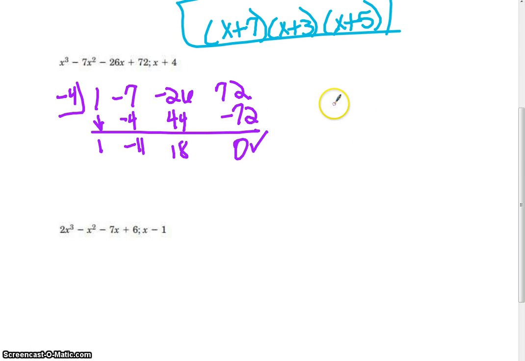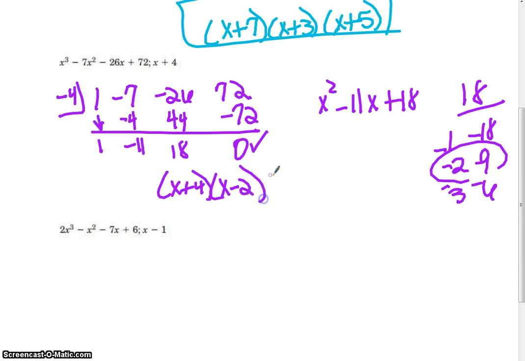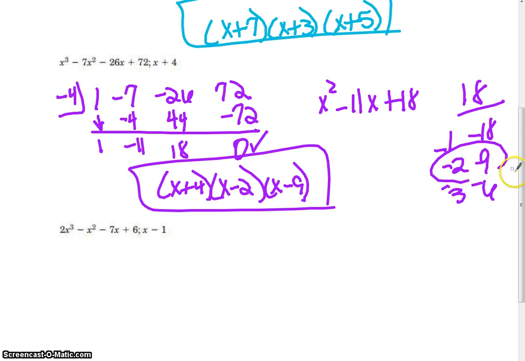So it checks out. x squared minus 11x plus 18. Find the factors of 18: 1 and 18, 2 and 9, 3 and 6. Signs are the same. They're all negative. Have to equal negative 11. So we proved that x plus 4 was a factor. We also know now that x minus 2 and x minus 9 are factors. That's your answer.